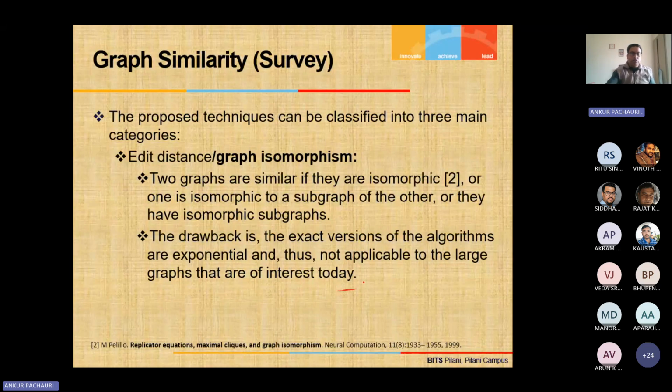To deal with isomorphism, we have a comparatively easy technique, which we call the WL algorithm, used on large graphs to identify whether two graphs are isomorphic or not. We'll discuss this WL algorithm in detail.